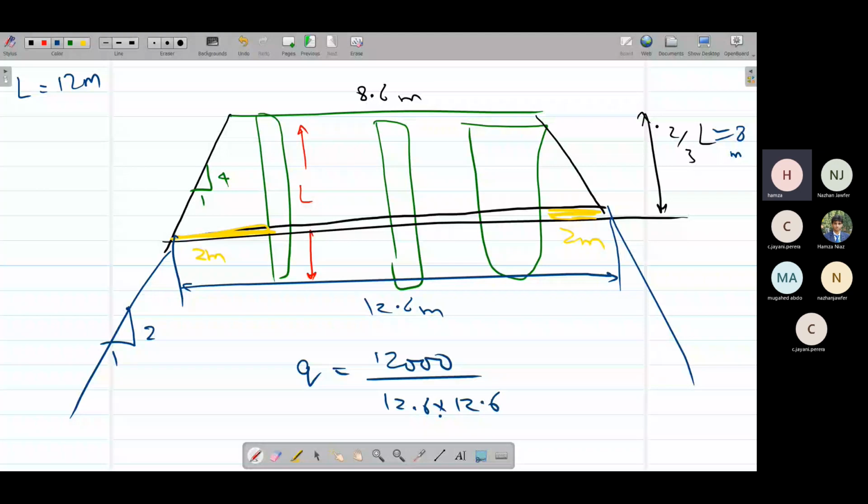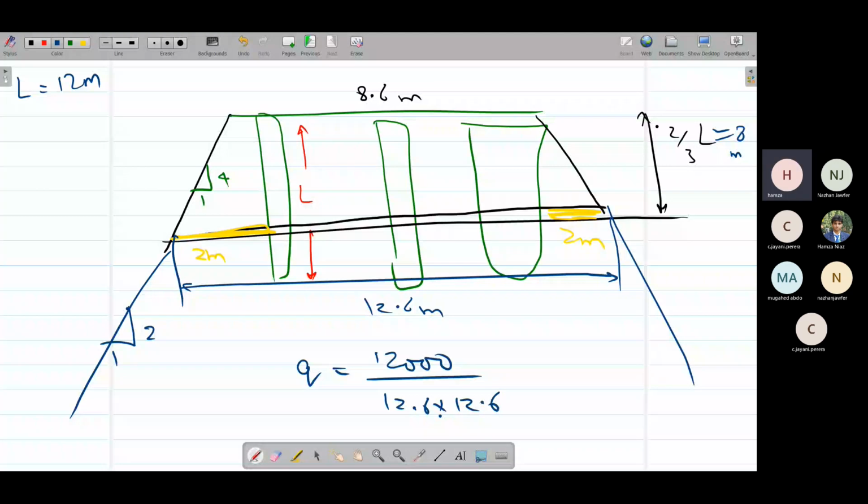So approximately like here. And we have L over B ratio as 1. Why? Because this is a square footing, so L over B ratio is 1. And D over B, the depth over the width ratio, that is 0.7. D is 9 meters. And why is D 9 meters?